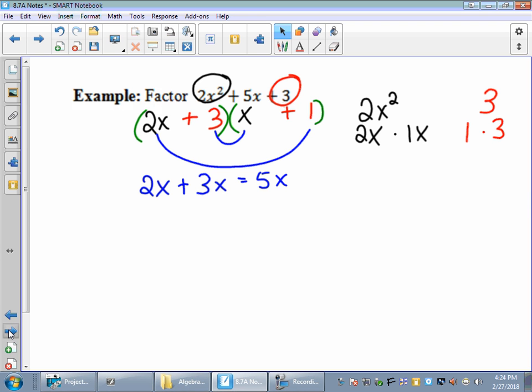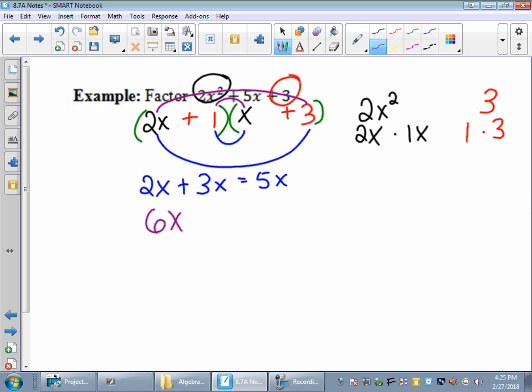However, if we had started off with my 1 here and my 3 here, and I went through and double checked, I would have gotten a 2x plus 2x times 3, which would have given me a 6x, and a 1 times an x, which would have given me a positive 1x, and that would have led me to 7x.